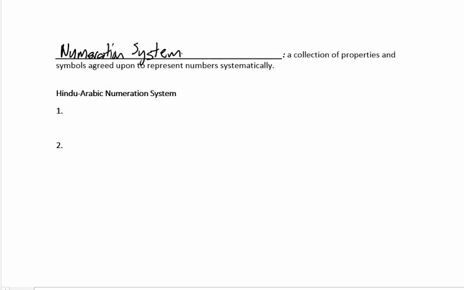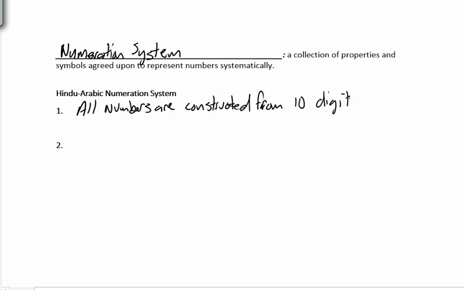And this is where all numbers are constructed from 10 digits. And place value is based on powers of 10.